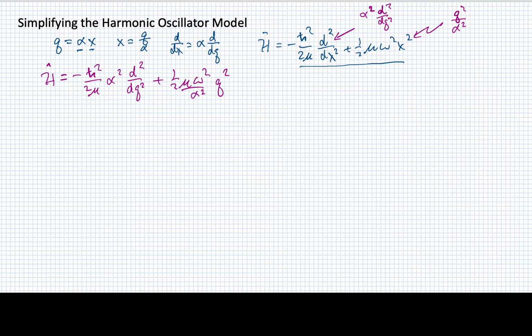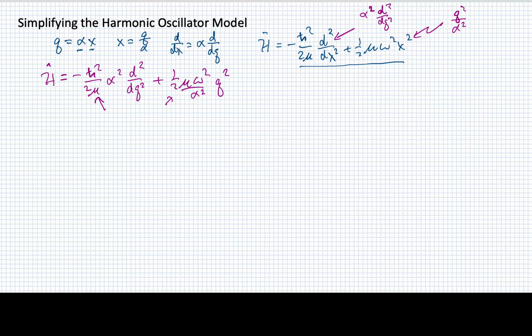So now what I want to do is simplify this Hamiltonian and make it so that each of these two factors are basically the same factor. In other words, there'll just be a multiplicative factor in front of a much simpler looking differential equation, and that factor should be a factor that will essentially scale the energy levels as I go through. Let me show what I mean by this.